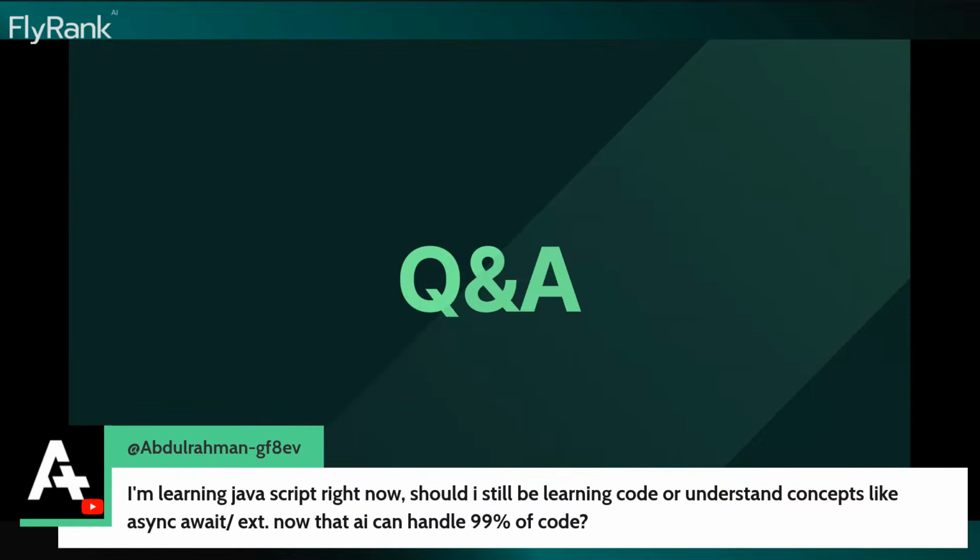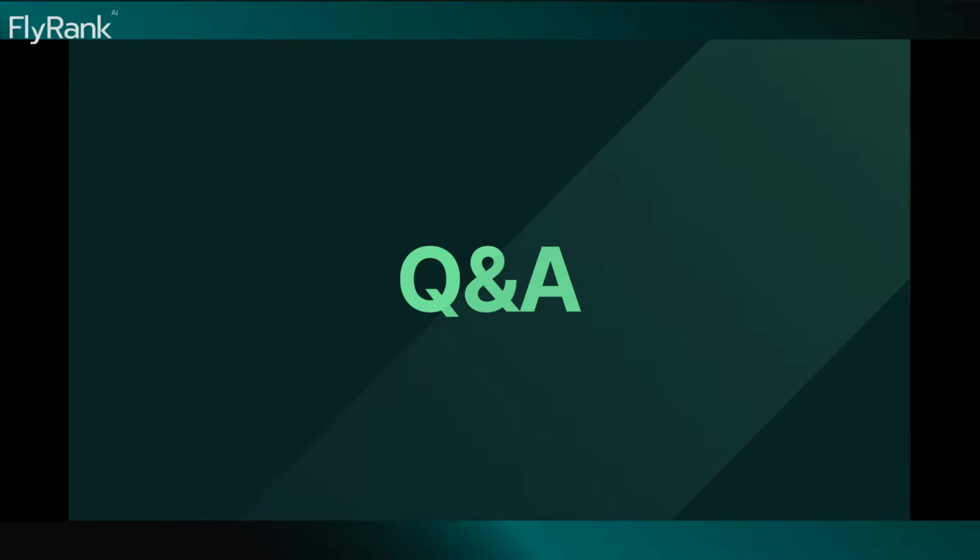So my opinion on this is you should probably still learn how JavaScript works and what you can use, because if you have the knowledge on what you need, you can easily prompt AI to make it for you. So you will have more extensive and more descriptive prompts instead of just saying, hey, build me this.